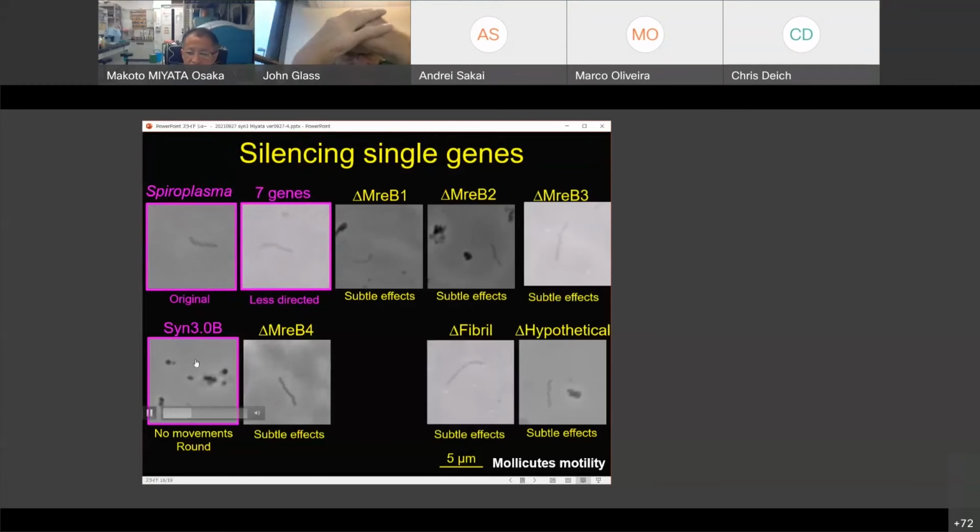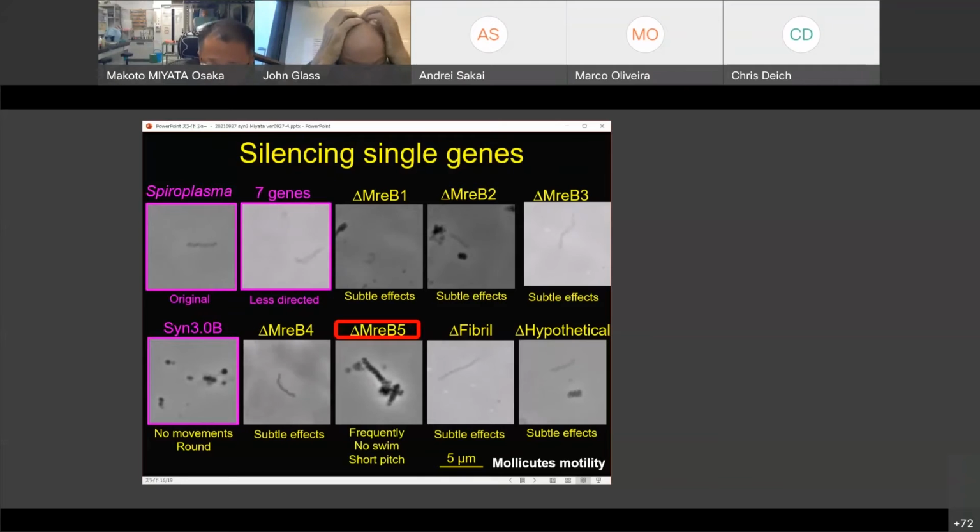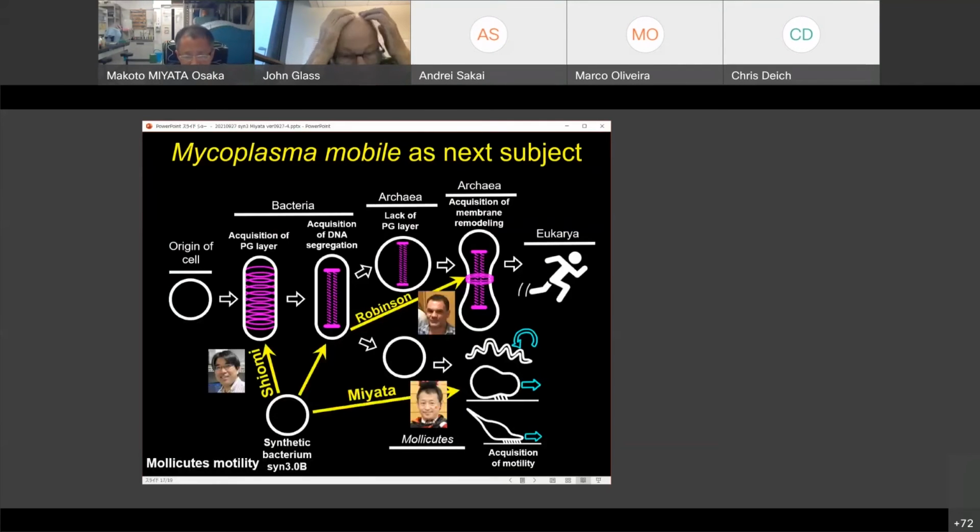So then, interestingly, the silencing of the individual genes didn't affect so much either the helicity or the swimming, but only MreB5. So then they showed an obvious effect on the cell shape, and they never look the same anymore. So now the detailed analysis is ongoing.